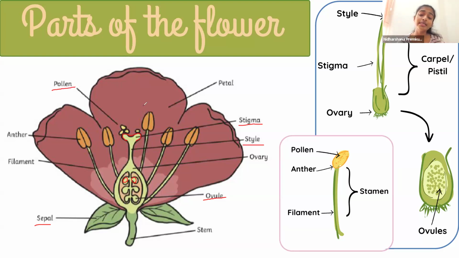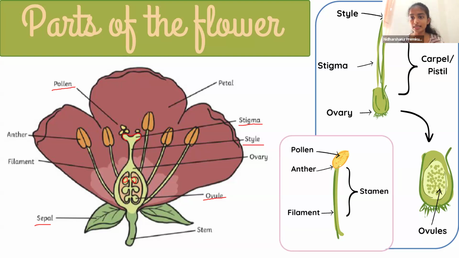Petals can be of various colors. You have seen flowers of different colors. There's white color, red color, yellow color. There are so many different colors. Each of these parts has its own function, which we will look into further in this set of slides. Now, we will look at the separate female and male parts.